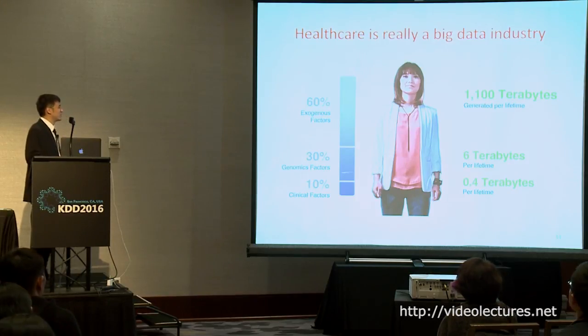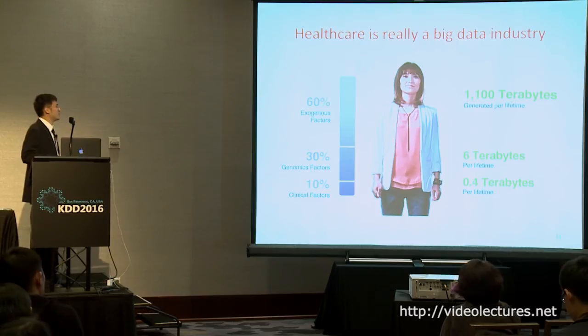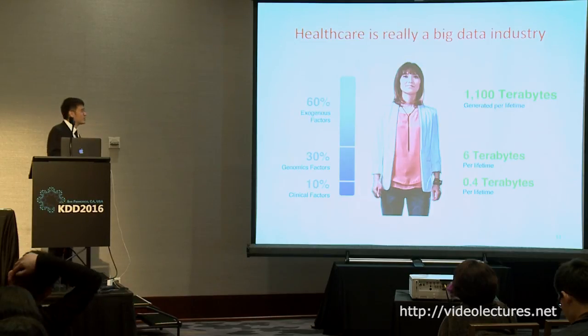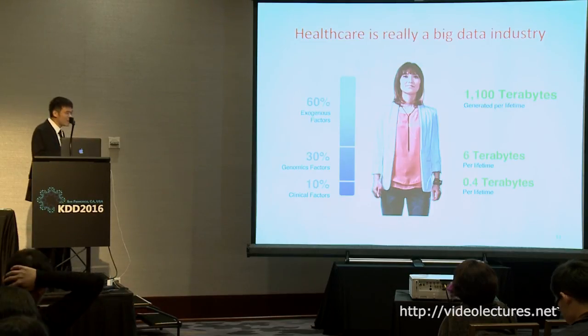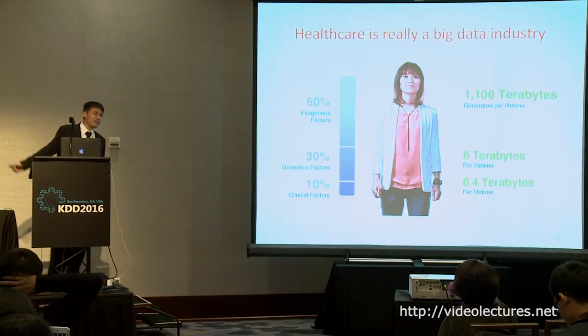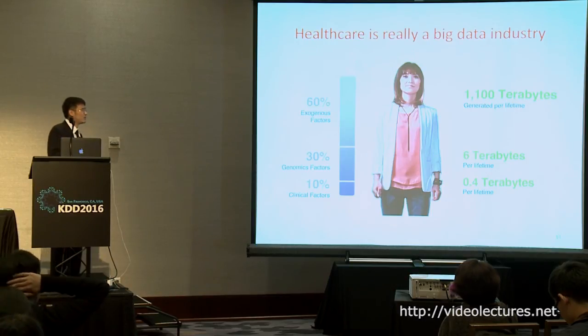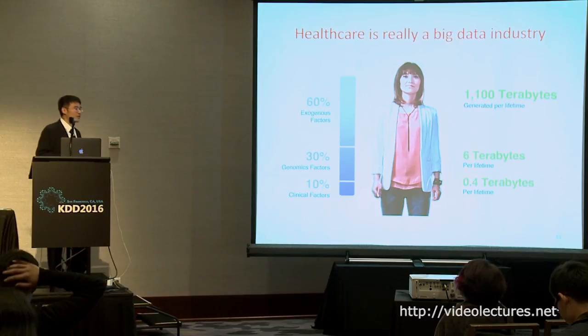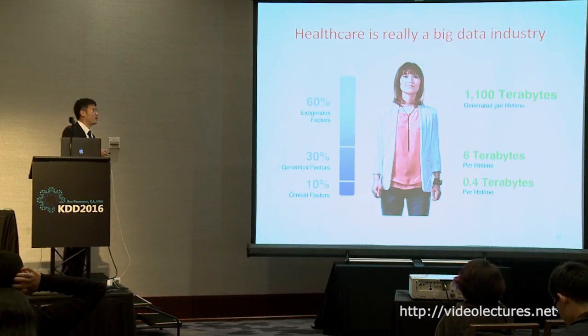For the genomic factor, it's more than 30%, and 16% is external factor, right? This is just an estimation right now. I think after 10 years, after 20 years, human beings will have generated more and more data. Maybe double this figure, maybe triple the figure, I don't know. But right now, a lot of data is generated for each patient.